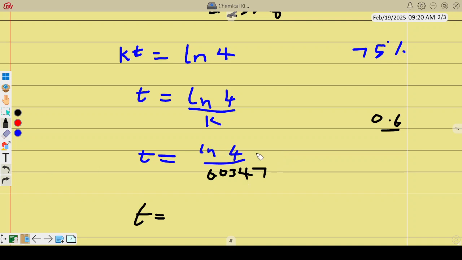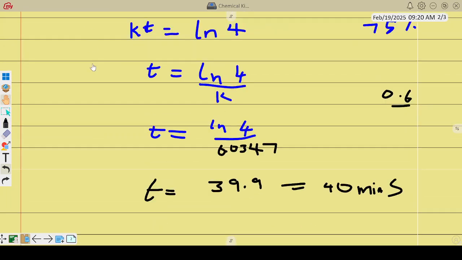First punch ln 4 and press equal, and then divide by this value, 0.0347. You get 39.9, which is approximately equal to 40 minutes. The time was given in minutes. That's how you solve this.